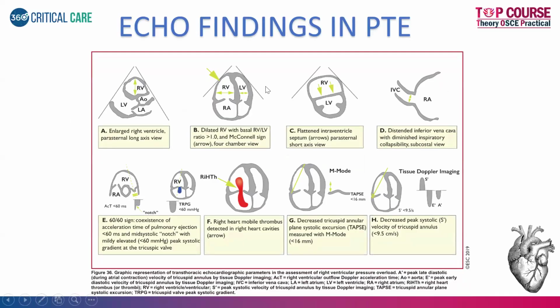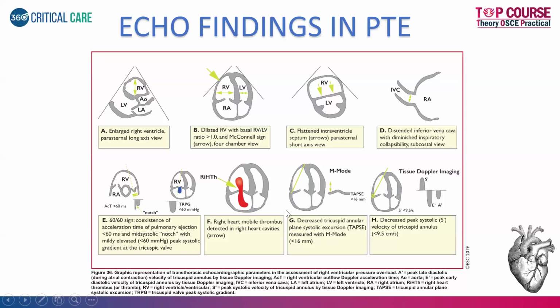The 60-60 sign refers to the acceleration time of the pulmonary ejection, usually 60 milliseconds, with the presence of a notch in the pulmonary ejection, as compared to the tricuspid jet systolic gradient seen in the tricuspid valve area. So that is the 60-60 sign.